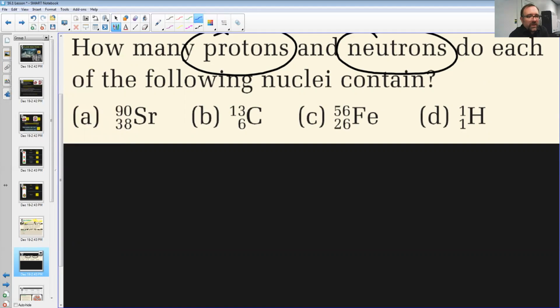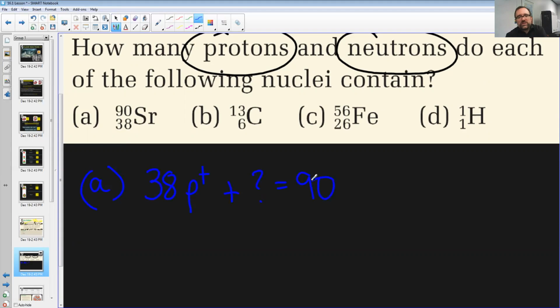Okay, let's start off with A here. We are looking at strontium 38, 90. Keep in mind, the atomic mass is 90, and 38 is how many protons there are. So we know there are 38 protons, plus the number of neutrons, which is question mark, will give us 90.